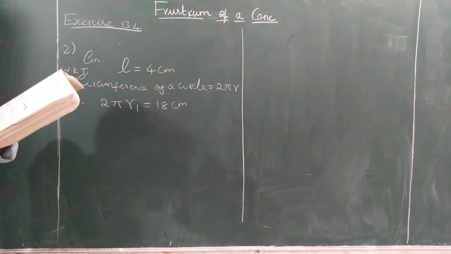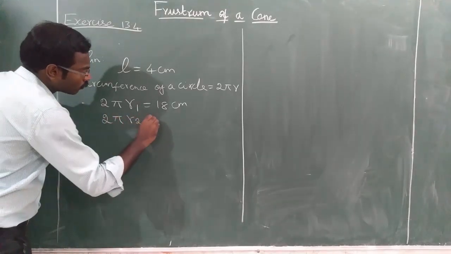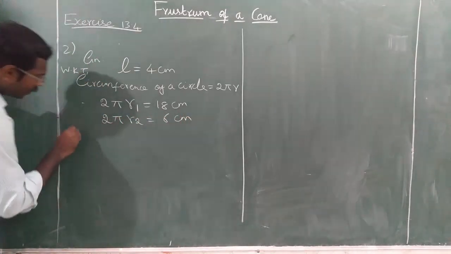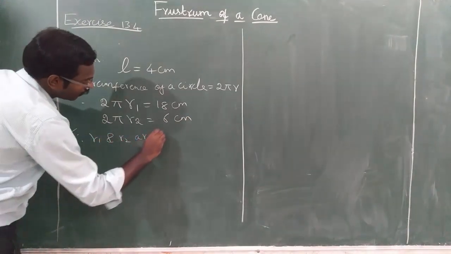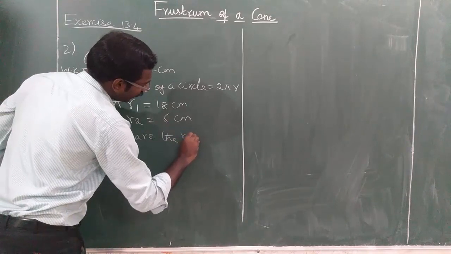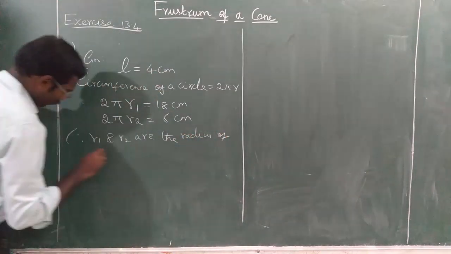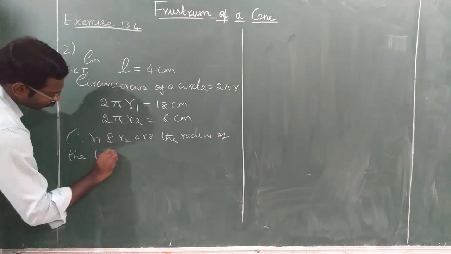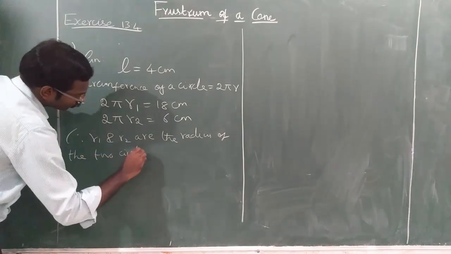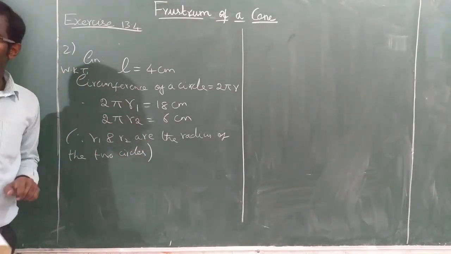And the smaller circle's circumference is 6 centimeter, so 2 pi R2 is equal to 6 centimeter. Here R1 and R2 are the radii of the two circles. The bigger one is R1, the smaller one is R2.